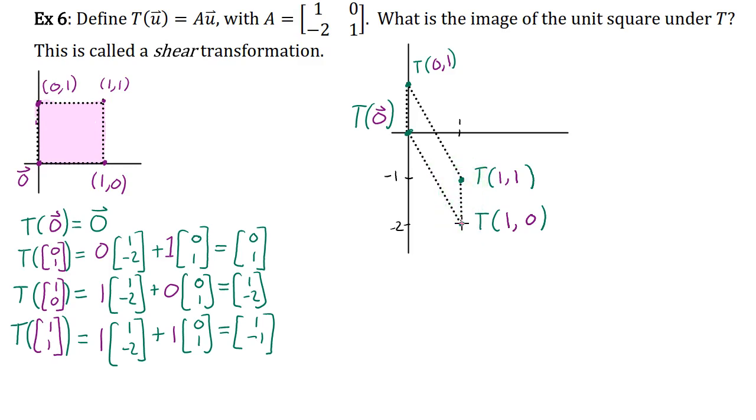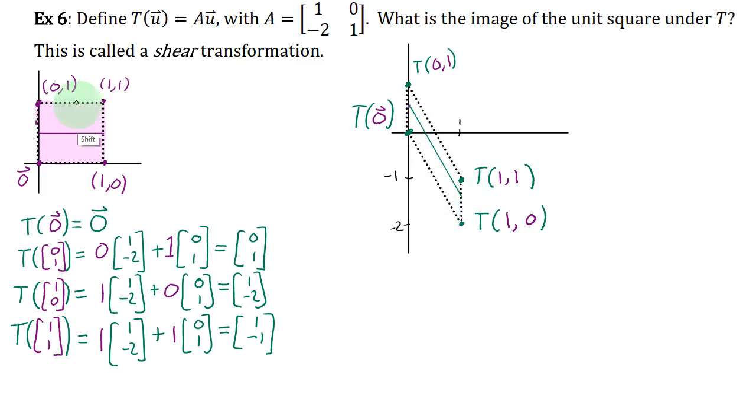And all the points in between are also on some line between these points. For example, all the points on a line from one point on the left line to another point on the right line are going to end up on a line from here to here.